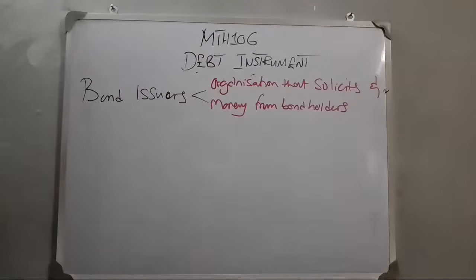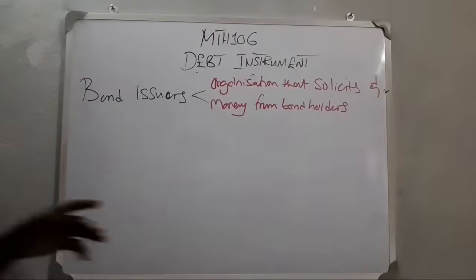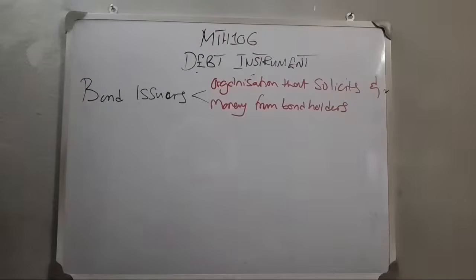The issuers are organizations that solicit and borrow money from bondholders with the assurance of making periodic interest payments and paying the principal amount when the bond is mature. A bond is also said to be a marketable instrument, which can be traced.